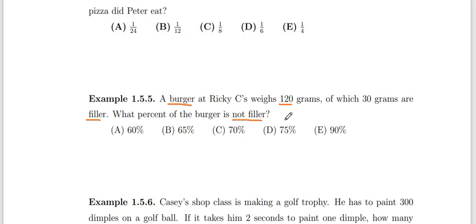Among 120, you say 30 are filled. So not filled is 90, right? Okay. So the percentage not filled is just 90 over 120.